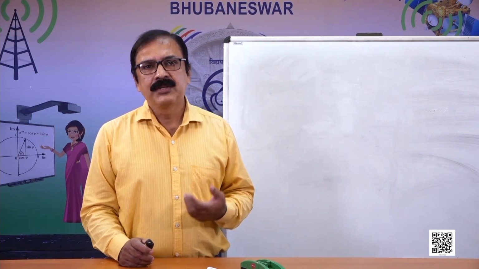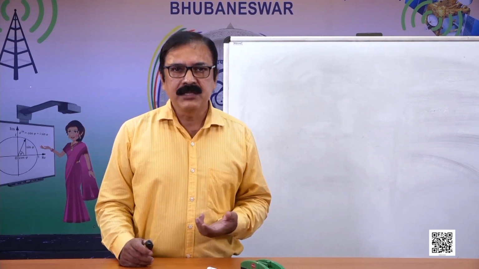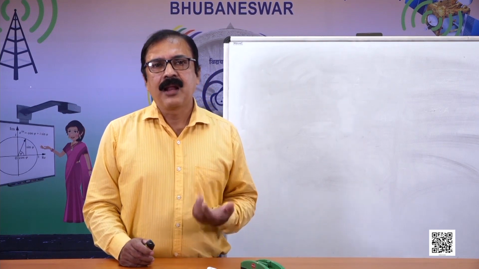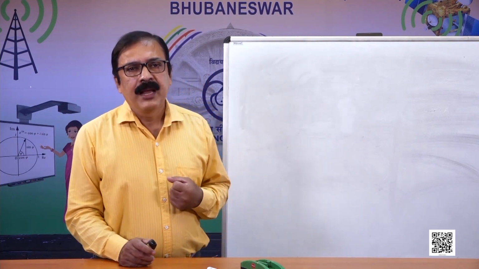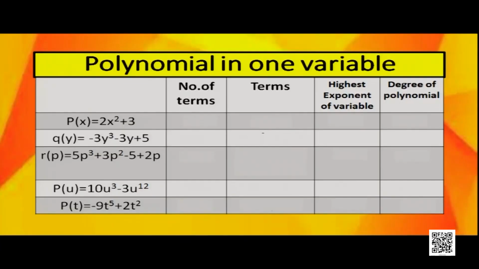Let's see some algebraic expressions and whether they are polynomials or not. See, in the first one, p(x) is equal to 2x square plus 3. That means this 2x square plus 3 is the polynomial, and this is represented by p(x).